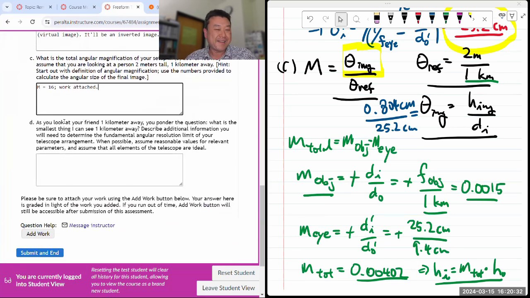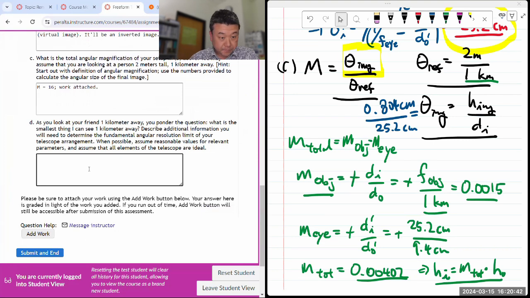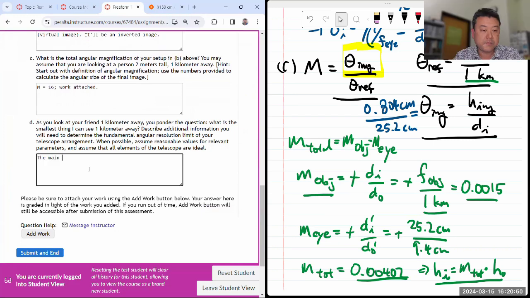Good. As you look at a friend 1 kilometer away, you ponder the question, what is the smallest thing you can see? So the additional information you need is, the main information I need is the aperture size of the telescope in order to apply the Rayleigh criterion, which is, I always forget this.